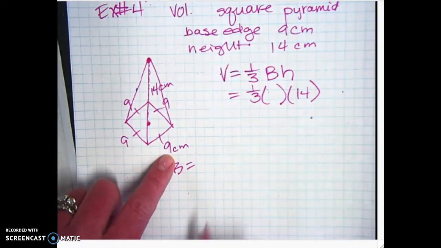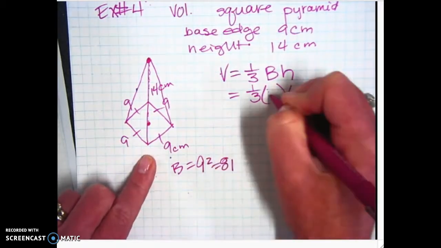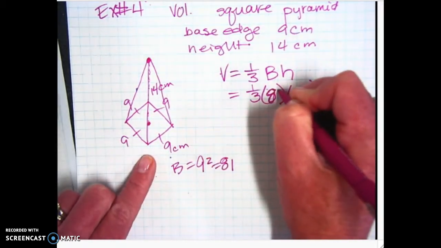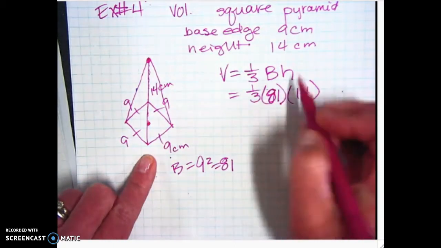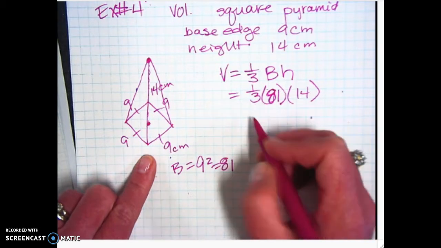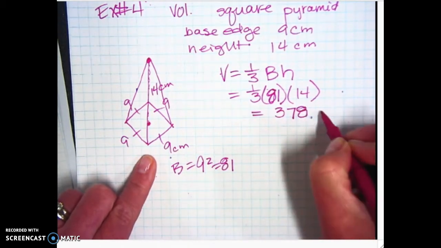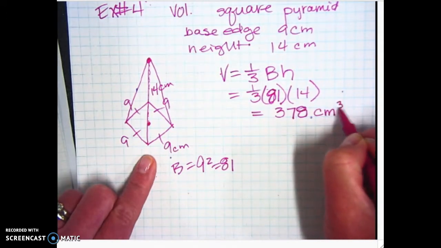So we're just going to take that 9 and multiply it by 9. So 9 squared, I got 81 plugs in here. So with your calculator, multiply 81 times 14, then divide it by 3. I've got 378. This one should be in centimeters cubed.